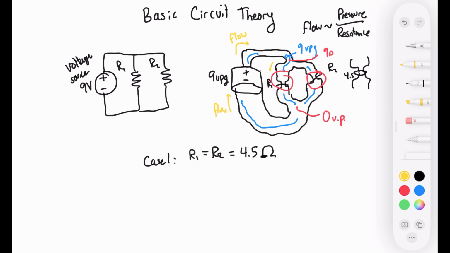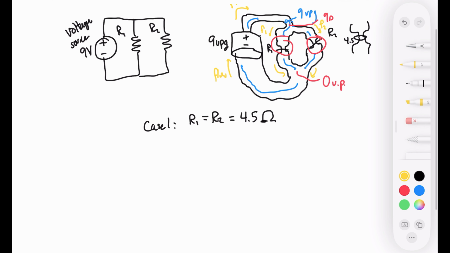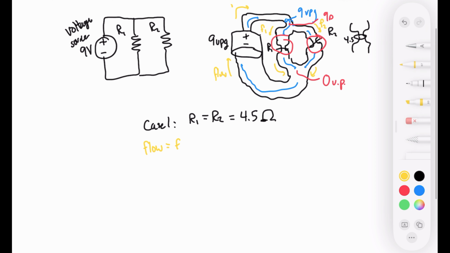We can imagine this being F1 for flow 1 and F2 for flow 2. Whatever they do, they must be added together and combined to get my overall flow that goes through the pump. So flow is going to equal F1 plus F2.